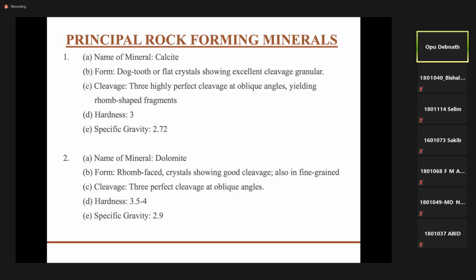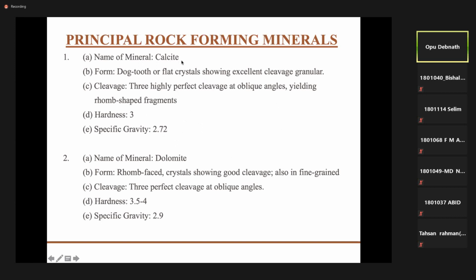And after completion of the discussion about the rock formation, we also became familiar with the names of some other rock forming minerals. So now here is a short list, or you may add some other minerals.